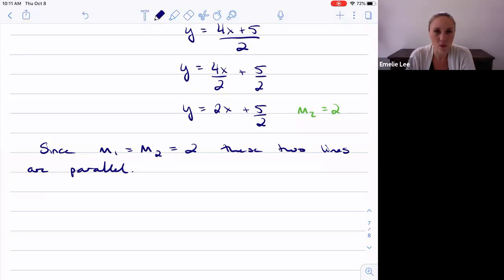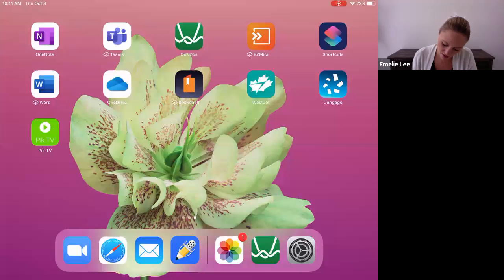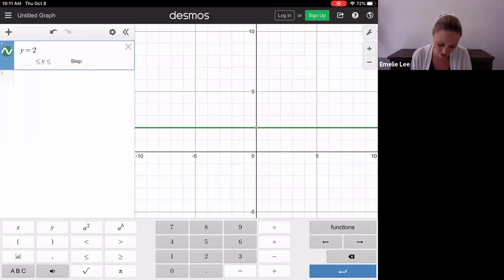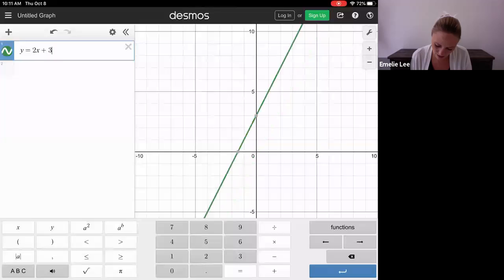So what I want to do is show you how to graph two lines in Desmos. If we go to Desmos, it's pretty clever. You can plug in y equals, just as it says here, 2x plus 3, and it seems to know what that line looks like.